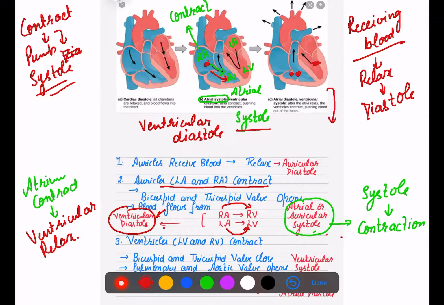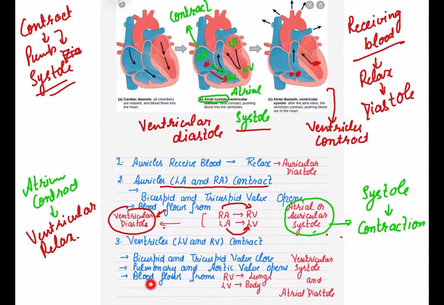Ventricles. When ventricles contract, the bicuspid and tricuspid valves will close, and contraction का मतलब क्या है, systole. So that is known as ventricular systole, and blood flows from right ventricle to lungs and left ventricle to body.